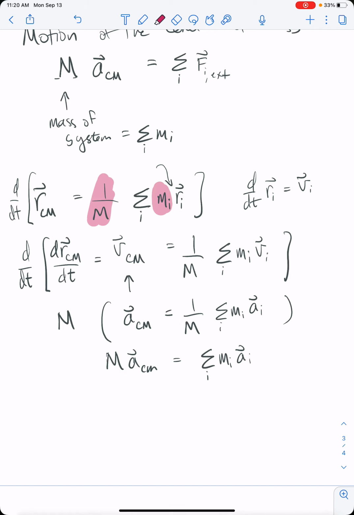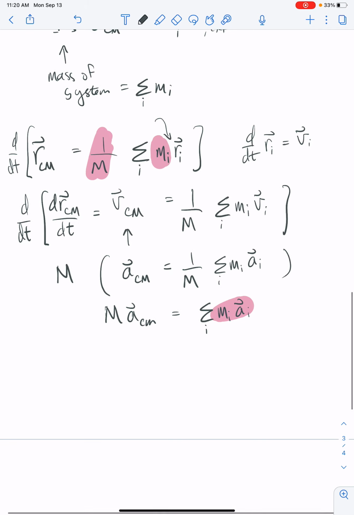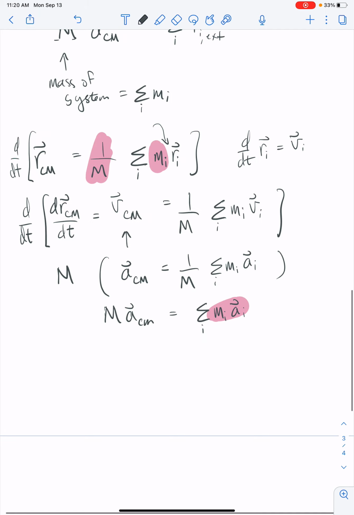Now we can use Newton's second law to say that this term that I just highlighted is equal to the force on each object.